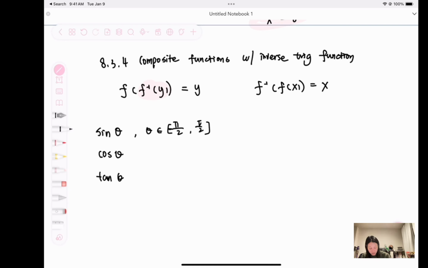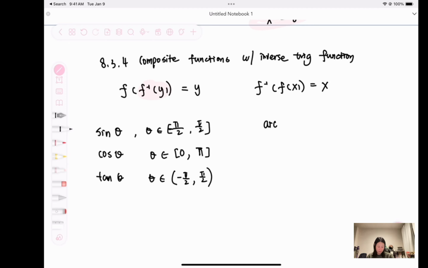For cosine theta, the restricted domain should be from 0 to pi. And for tangent, it's not including the endpoints, negative pi over 2 to pi over 2, because the endpoint is an asymptote.